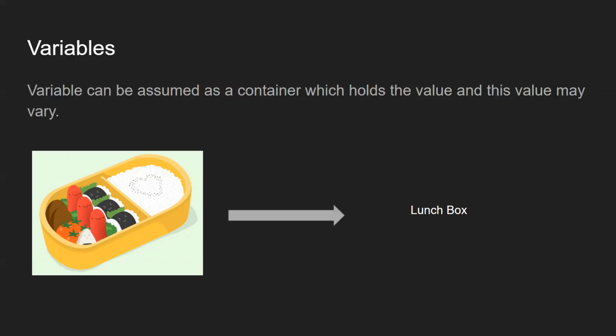Same happens in programming. In a program, a variable stores a value which you use for operations, and this value may vary depending on your program. You can call this variable by any name, say X, Y, Z, but as a programmer, you should give a variable name which makes sense.